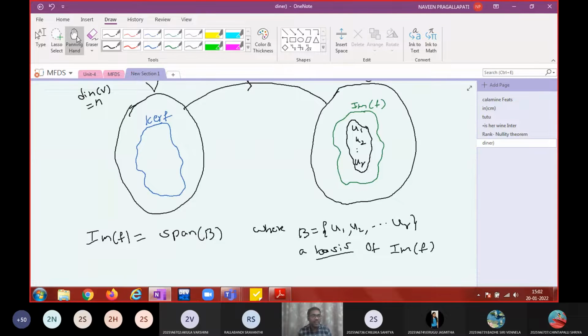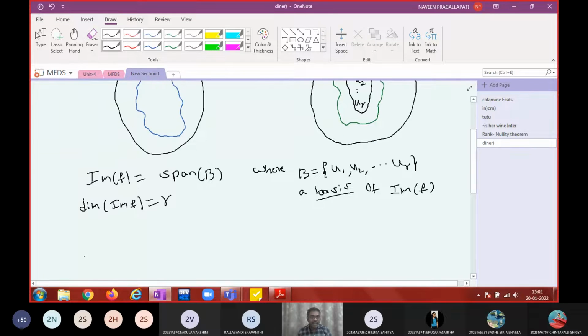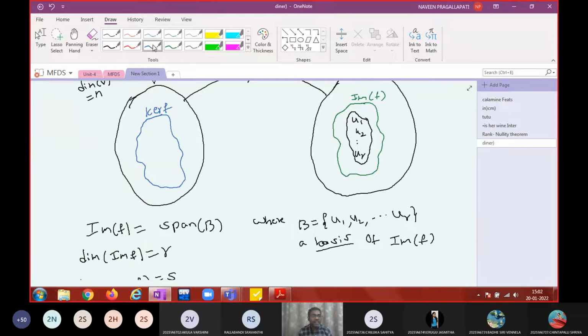Now because the kernel is also a subspace of V, and because V is finite dimensional, the kernel is also finite dimensional. I'm assuming that the dimension of the kernel space is, let us say, S. When I say the dimension is S, that means there is a set of linearly independent elements spanning it.